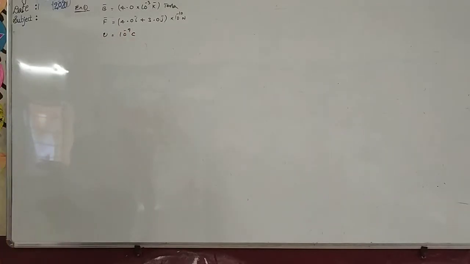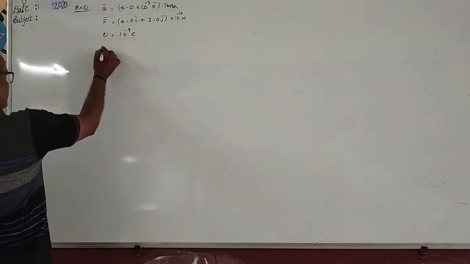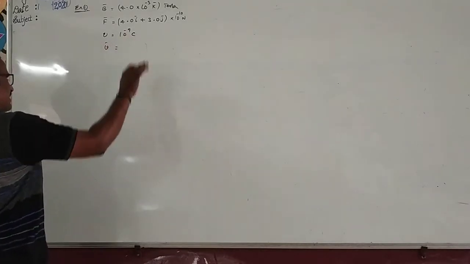It is moving in the x-y plane. Find the velocity of the particle. So we have to find the velocity of the charged particle, the V bar vector relation and also the magnitude.